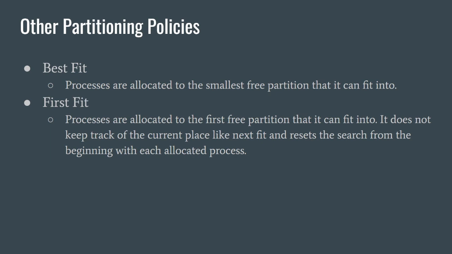First fit is again just going to be the first box we come across that can accommodate that process. With next fit, we wouldn't go backwards in the list to see where we could put a process. Within first fit, we can do that.